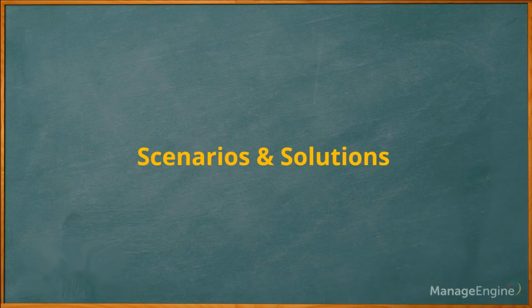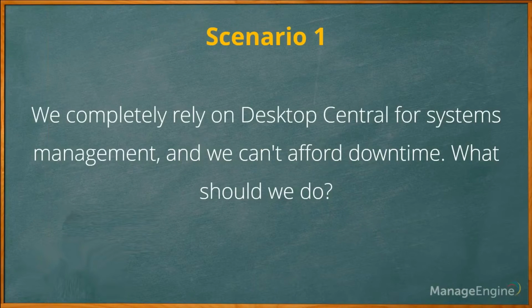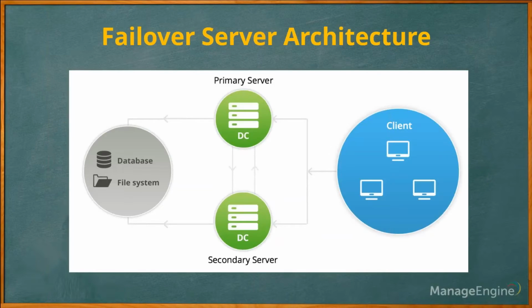Let's quickly look at some scenarios and solutions for the configuration. Scenario number one: we completely rely on Desktop Central for system management, and we cannot afford downtime. What should we do? In this case, you can go for the failover server concept. If you have a failover server installed, it will take care of the server activities during the downtime.